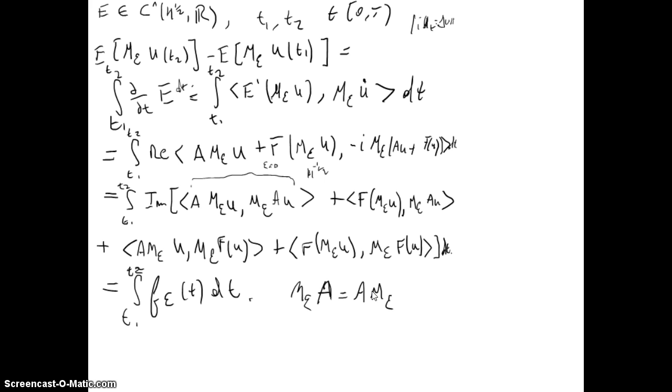This holds because, for example, A M epsilon u and M epsilon Au are both in H^{1/2}. Remember that if we apply A first, it will be in H^{-1/2}, but this will give regularity to H^{1/2}, and here we'll have s plus 1, and this will take it down again. So both will be in H^{1.5}.